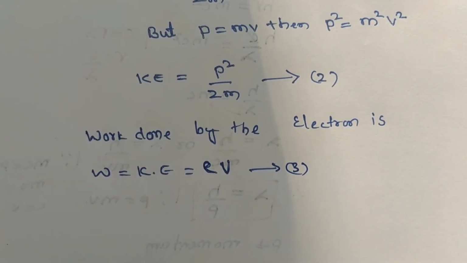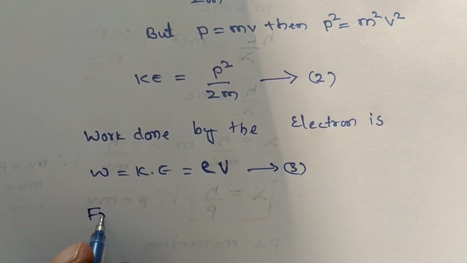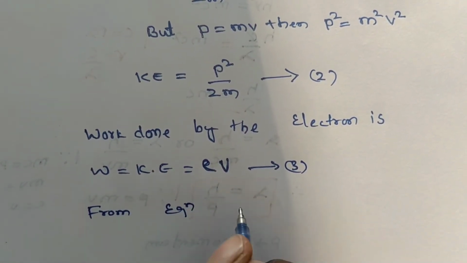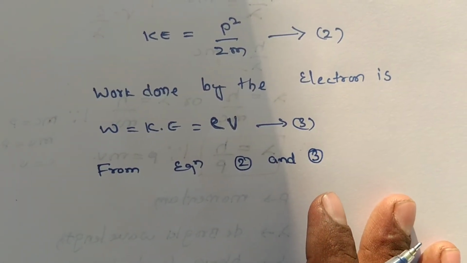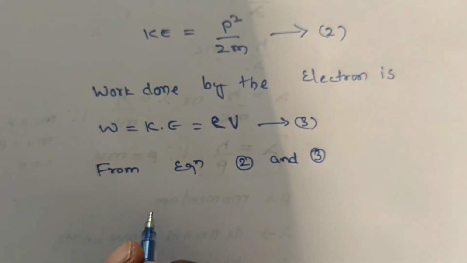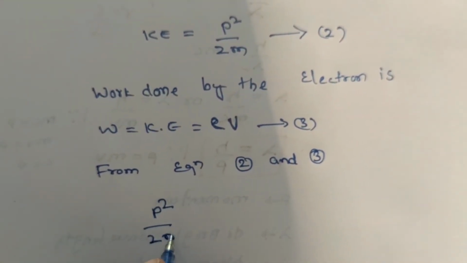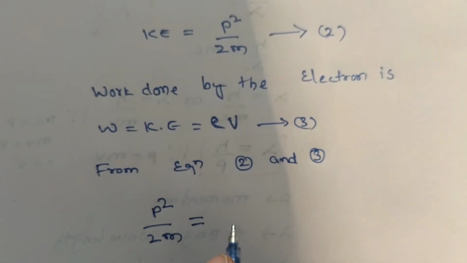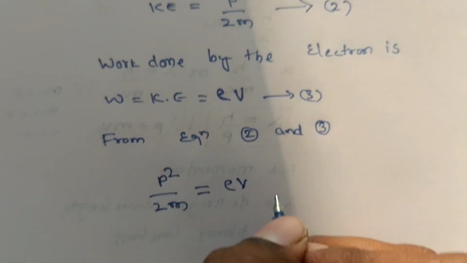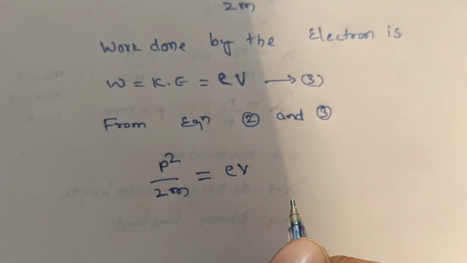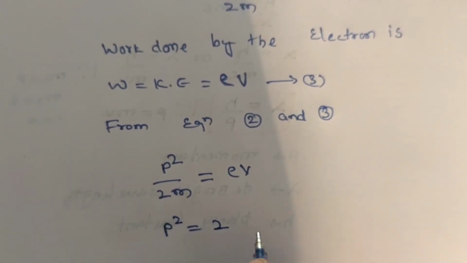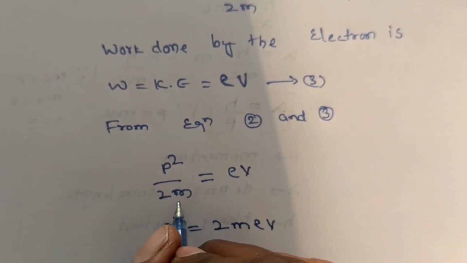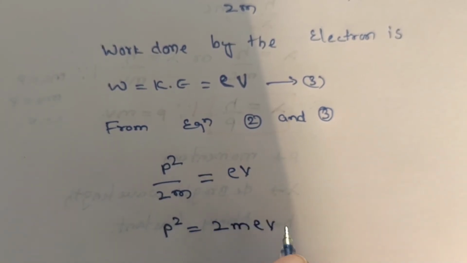From equations 2 and 3, p square divided by 2m is equal to e into V. Then p square is equal to 2m into eV; the 2m on the LHS becomes a multiplier when shifted to the RHS.